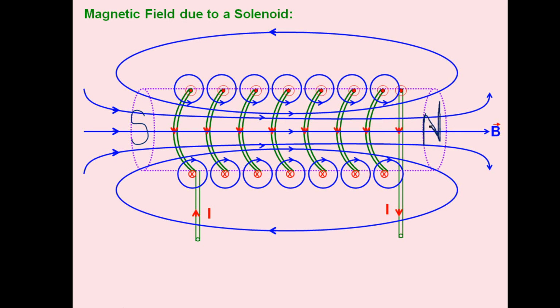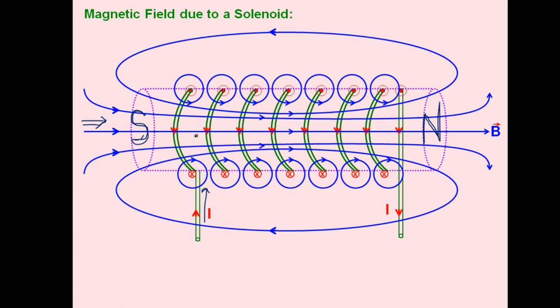This is in accordance with the loop rule. If the direction of current is clockwise, it is treated as south. If the direction of current is anti-clockwise, it is treated as north. If we face the solenoid from this direction, we see current going up and coming outward from the back side, so it appears clockwise.